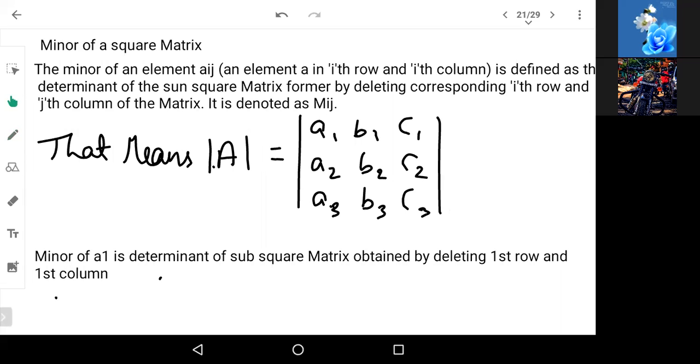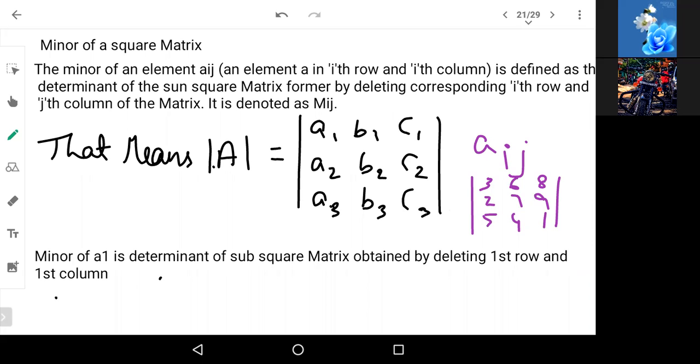So if you see here, the minor of an element Aij. Now, Aij means A is the element, I is the row in which the element is there, and J is the column in which the element is present. So let us take an example. Let's say 3, 6, 8, 2, 7, 9, 5, 4, and 1.